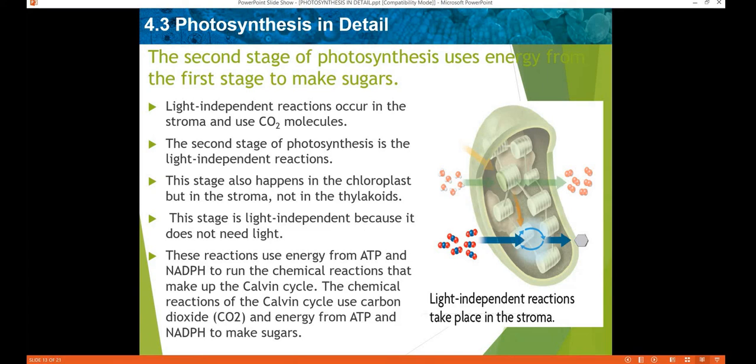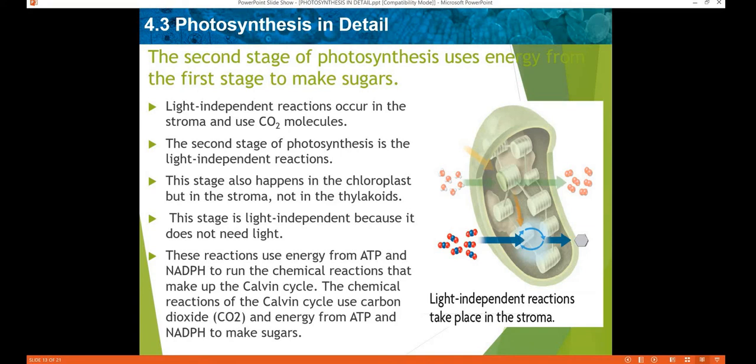Okay. So the Calvin cycle cannot take place without the ATP and NADPH from the light-dependent reactions. And the chemical reactions of the Calvin cycle use carbon dioxide gas from the atmosphere and the energy carried by the ATP and NADPH to make simple sugars.